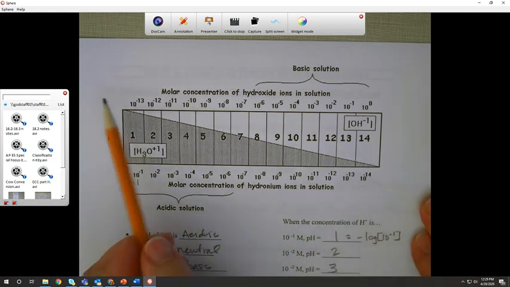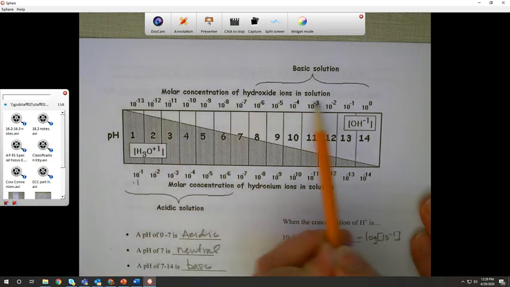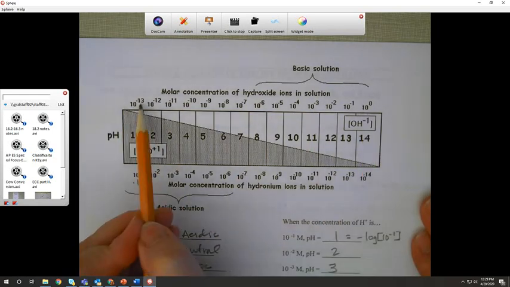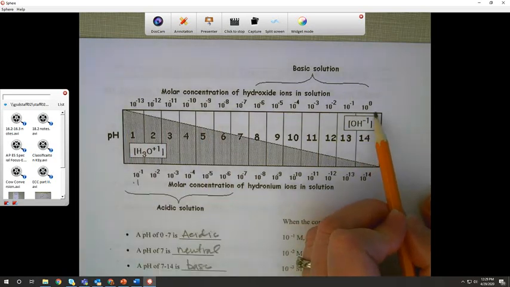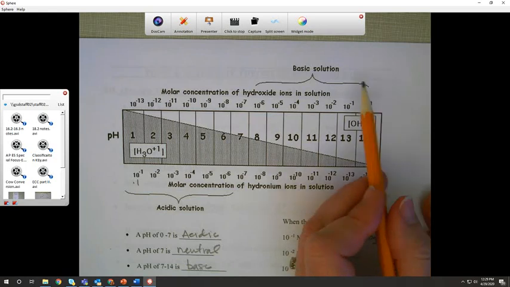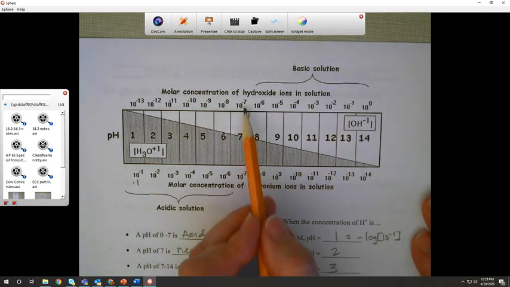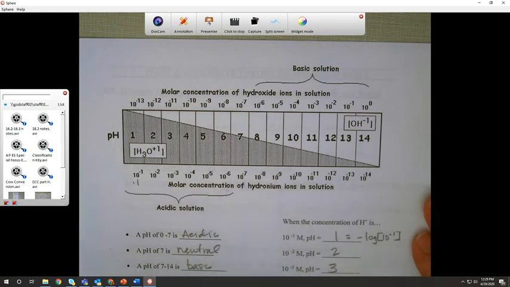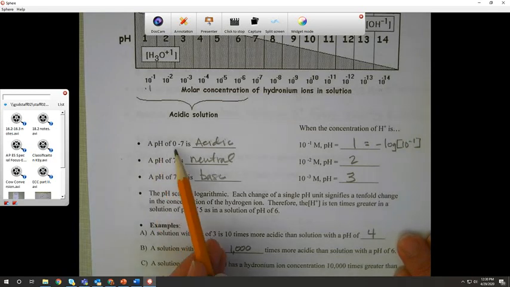Then over here, we have lots of hydroxide ions, and then very little hydroxide ions, and then a lot of hydroxide ions. So these are basic solutions, these are acidic. And then 7 is neutral, because water is neutral. So a pH between 0 and 7 is acidic. A pH of 7 is neutral.